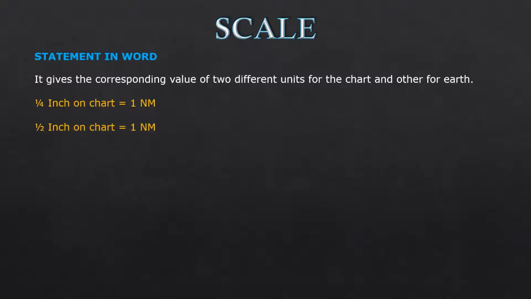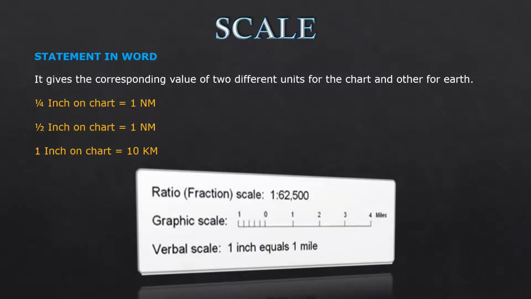Similarly, 1/2 inch on chart equals 1 nautical mile on Earth, or 1 inch on chart represents 10 km on the Earth. Here in the map, the scale value is 1 inch equals 1 mile. 1 inch on the chart represents 1 mile on the Earth.